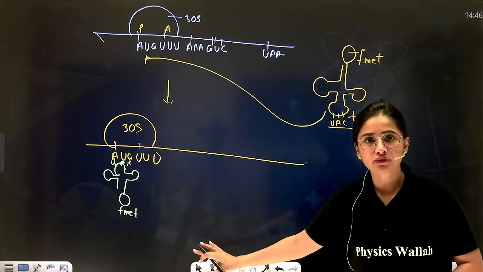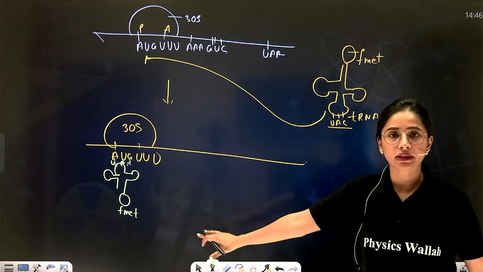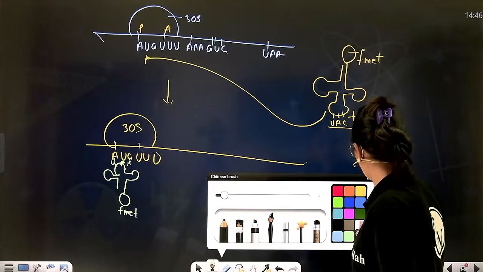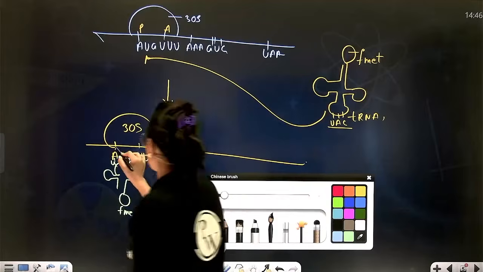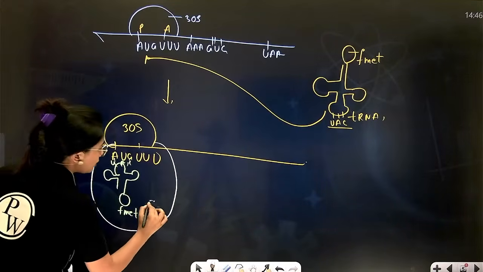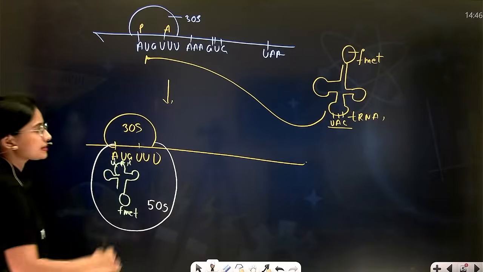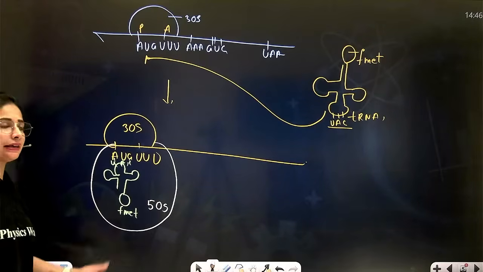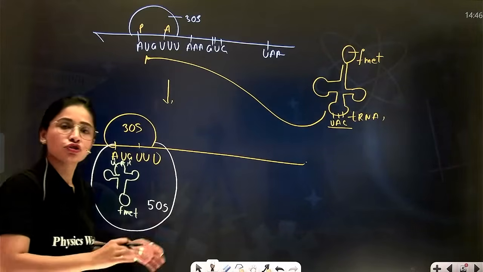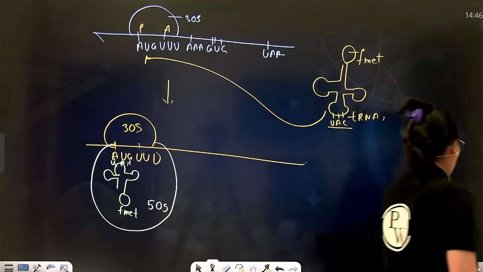Soon after the attachment of the tRNA to 30S, the 50S is called upon. The 50S unit comes to complete the ribosomal assembly. This is initiation. Soon after initiation comes the next stage, called elongation, beta.